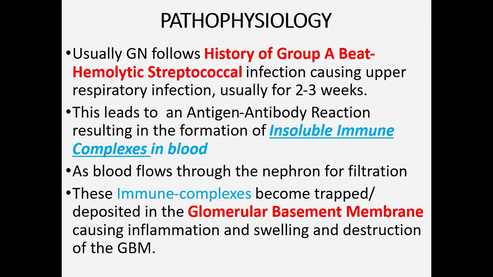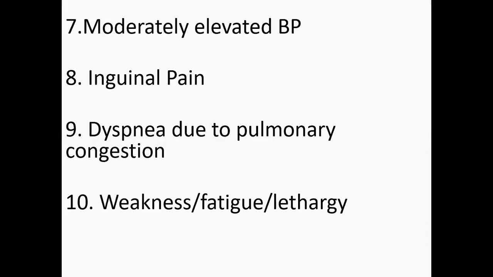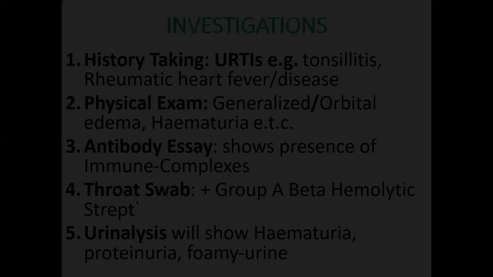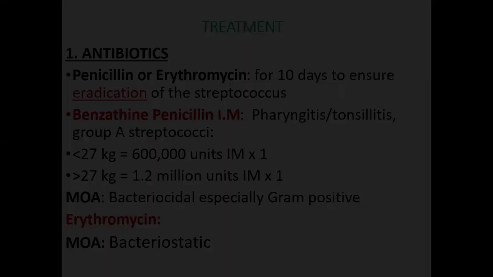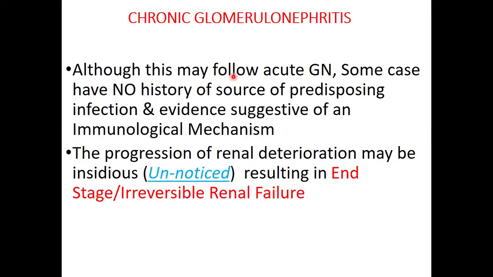So what about chronic? Chronic is not so different from acute. I'll come back to that. Chronic glomerulonephritis is categorized as either a slow progressing glomerulonephritis or repeated episodes of glomerulonephritis.